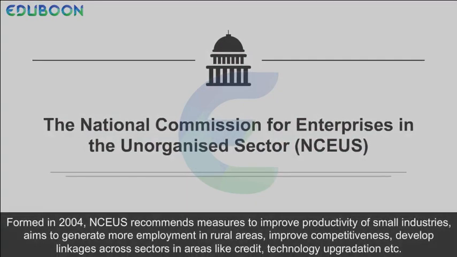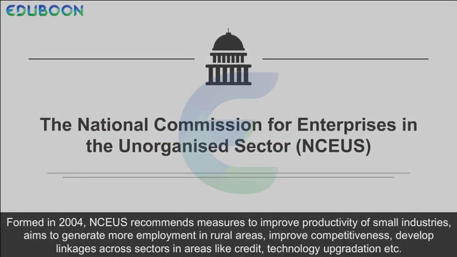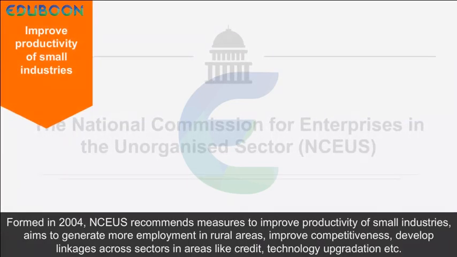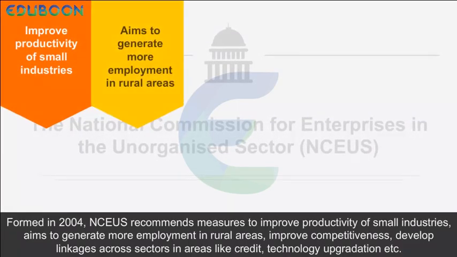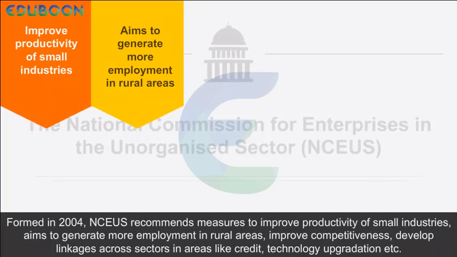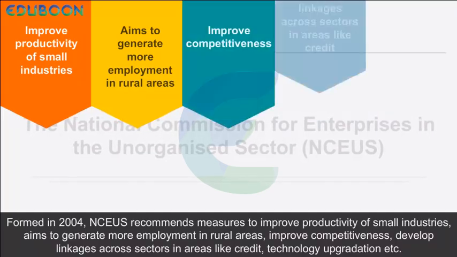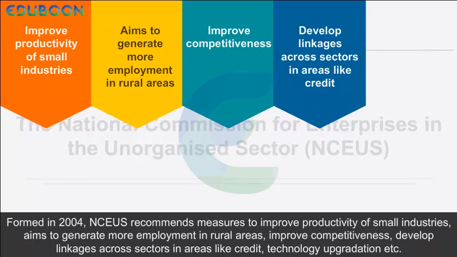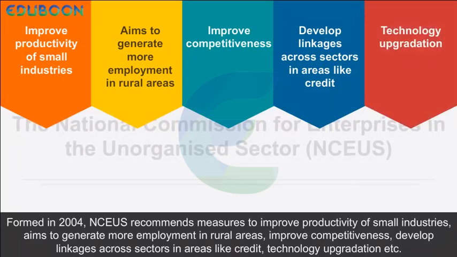Formed in 2004, NCEUS recommends measures to improve productivity of small industries, aims to generate more employment in rural areas, improve competitiveness, develop linkages across sectors in areas like credit, technology upgradation, etc.